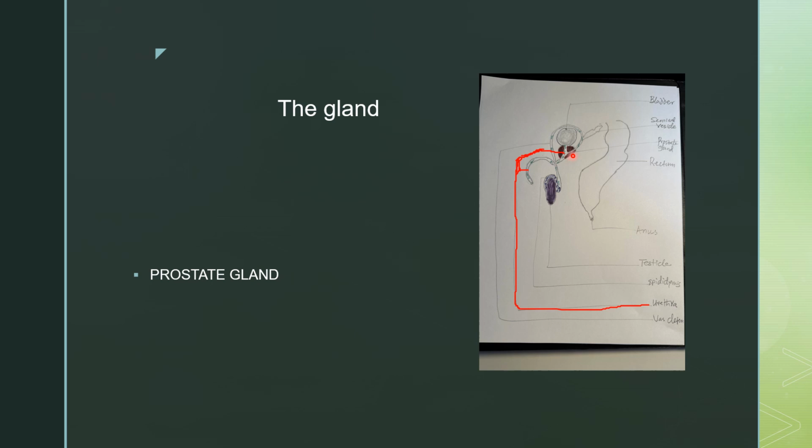Now, let me quickly touch on lower urinary tract symptoms. When this prostate gland is enlarged, there will be difficulty urinating, and the individual may be straining because you are forcing the urine from the bladder to pass through the enlarged prostate that is compressing the urethra, the one that will allow the urine to flow to the outside of the man.